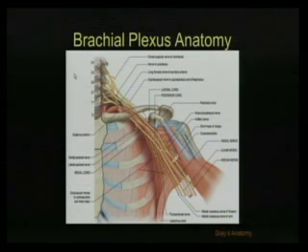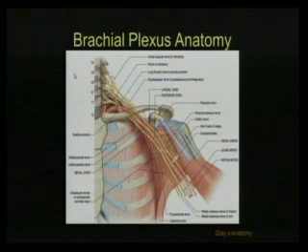So going from this image to this image, I like this image because you can see how much further the brachial plexus spans out. It just seems a lot more stretched out. This is more like real life.